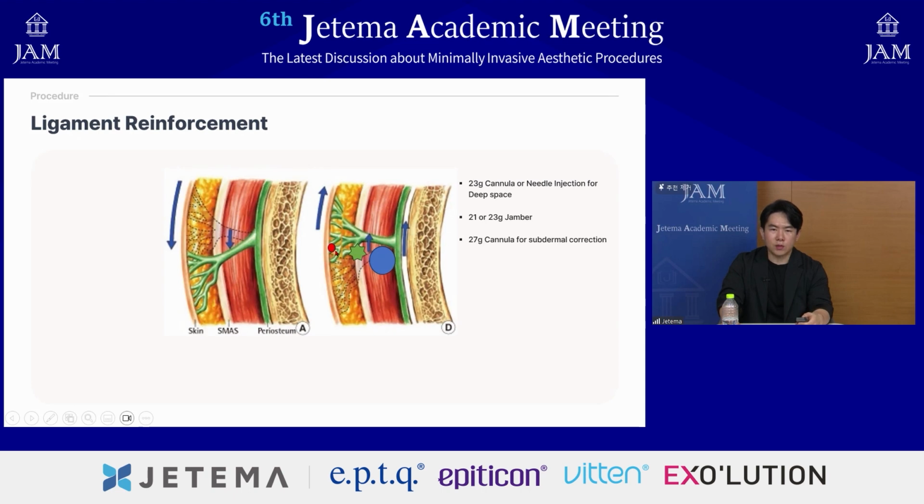And also, if the patient has a little bit more skin laxity, I use a 27 or 30 gauge cannula for subdermal correction with filler or with polymers, such as PDLA or PDO, or some filler with a very low G prime.